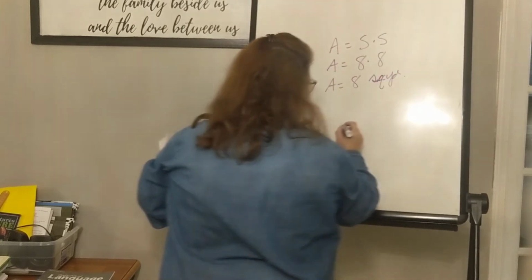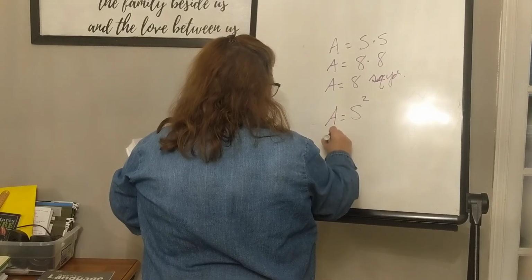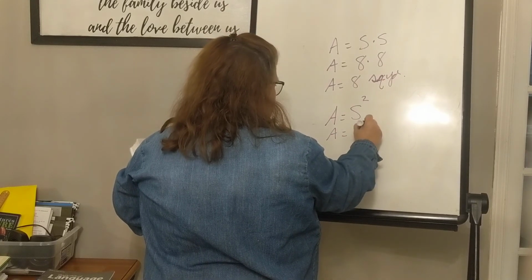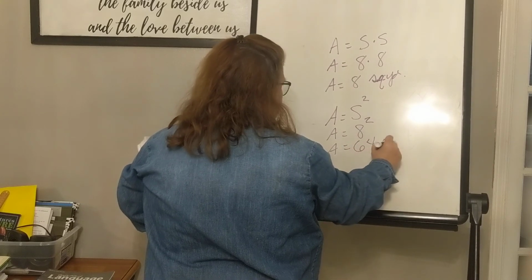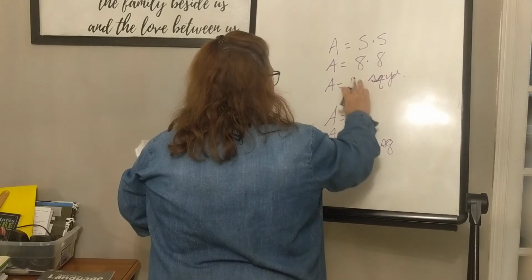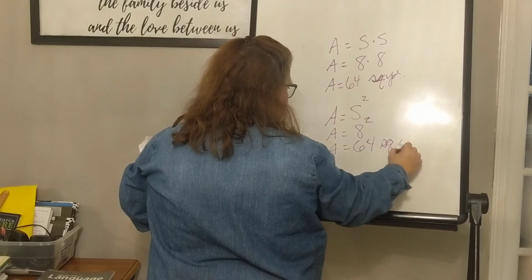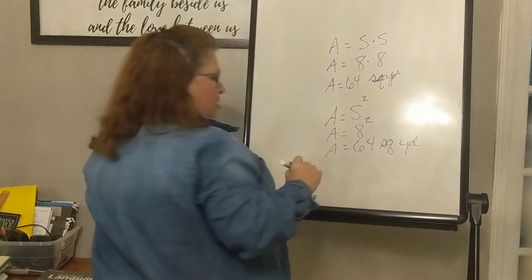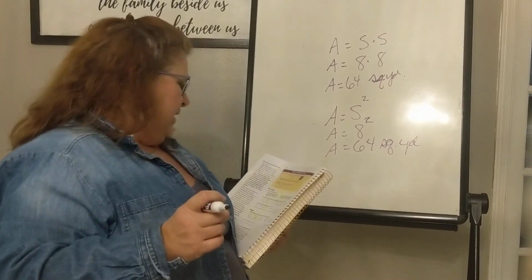Or you can go out on a limb, guys, and say area equals side squared. Area equals 8 squared. Area equals 64 square yards. Okay, so that would be your answer.